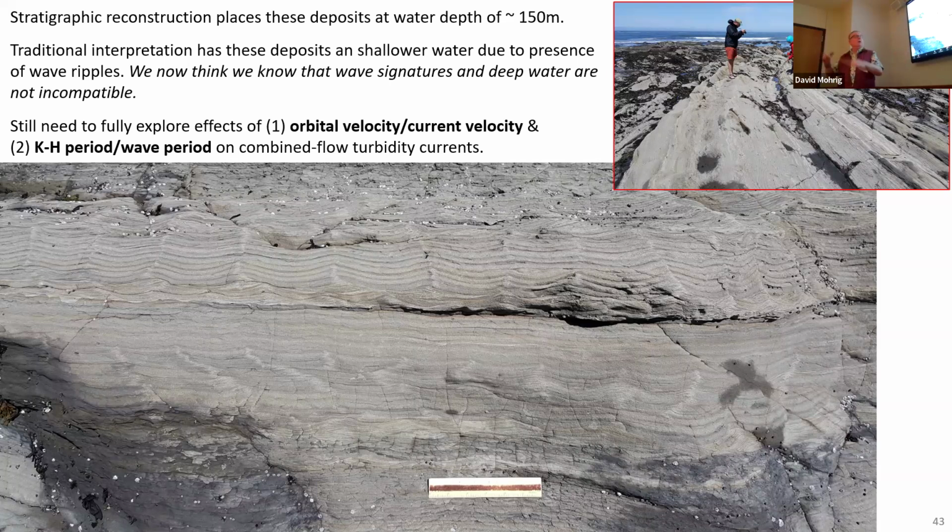With our laboratory experiment, our equipment is such that we have a limited range of current velocities and orbital velocities that we can achieve in wave periods, and therefore Kelvin-Helmholtz periods, which have to do with the thickness of the current.